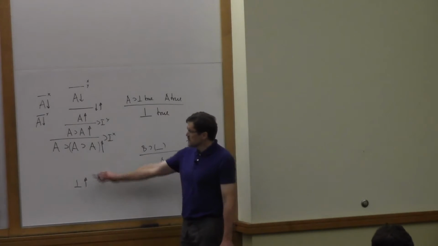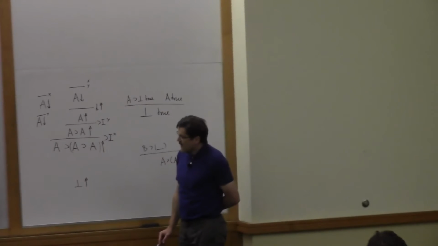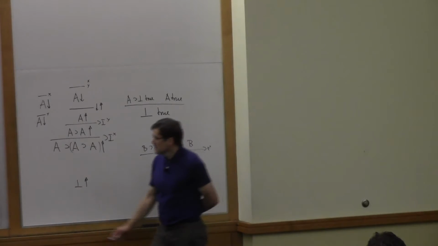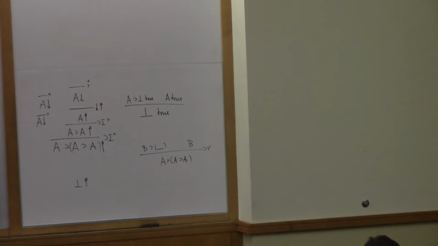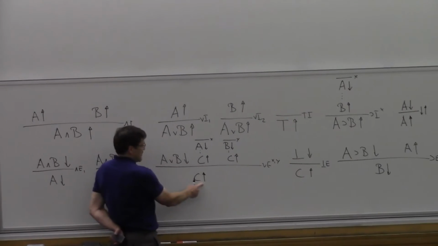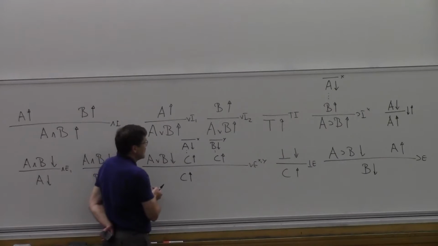Let's look at our rules. Which rule could we possibly apply? Just go through them one by one. Can we apply this one? Can we apply any elimination rule? No, because of the conclusion. But possibly this one, right? But for this, we have to have A or B, which we don't.